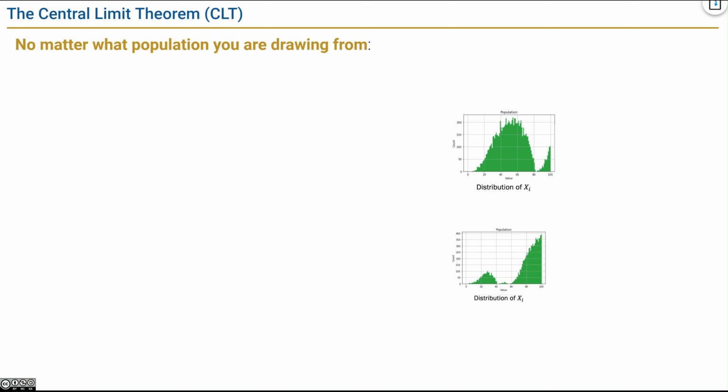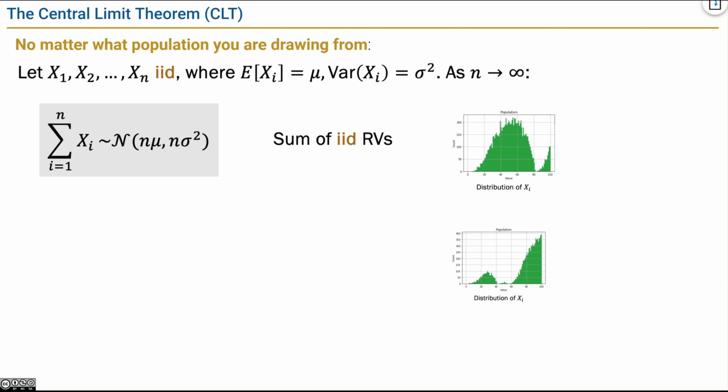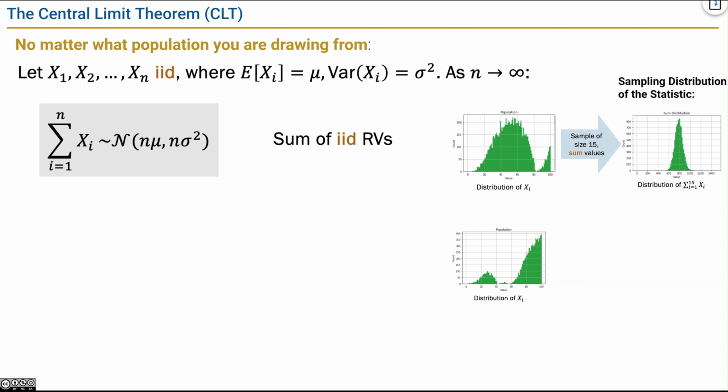So what does the central limit theorem say? Its beauty is that no matter what population you're drawing a random sample from, so here are 2 different random populations here, if you take a random sample of size n, and that sample is drawn such that it is IID, so think of sampling with replacement, then as your sample size gets larger and larger, the distribution of the sum of those IID random variables is going to approach a normal distribution.